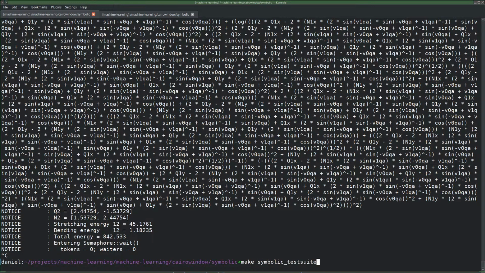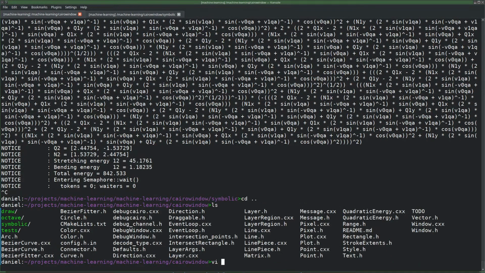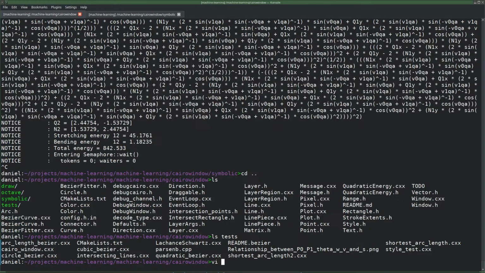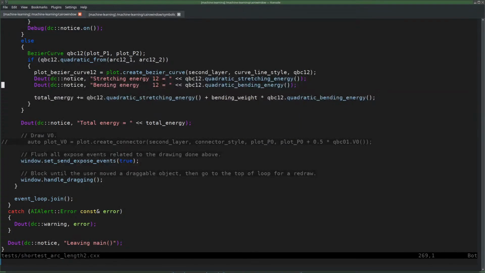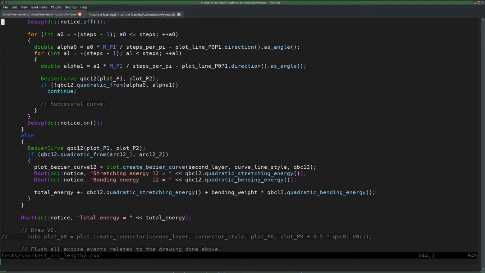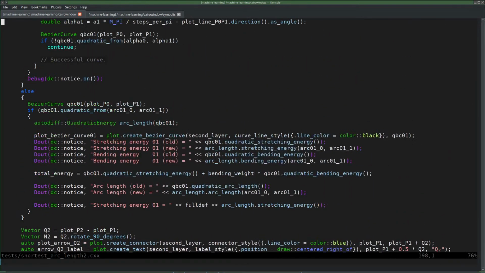And I can even print, say, let's see. Let's print the derivative of the stretching energy as a full definition.